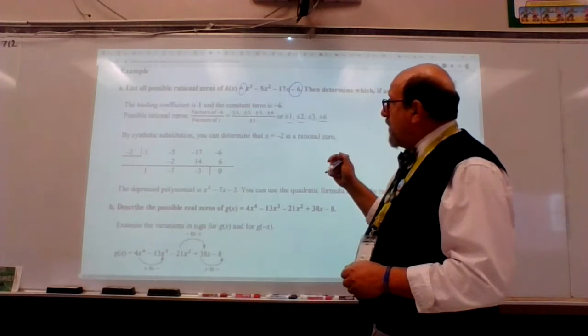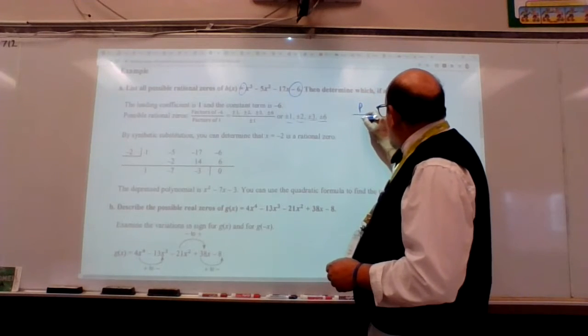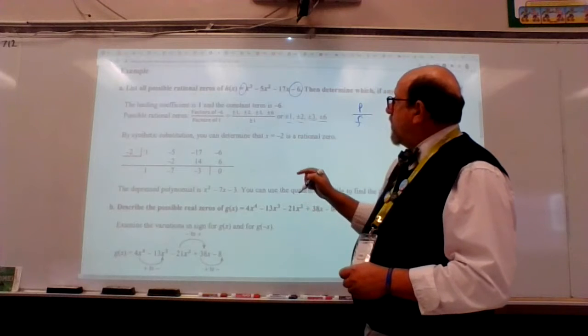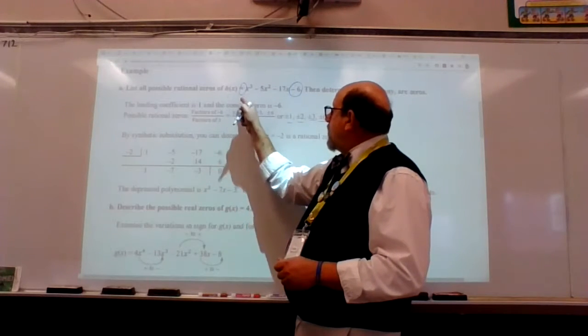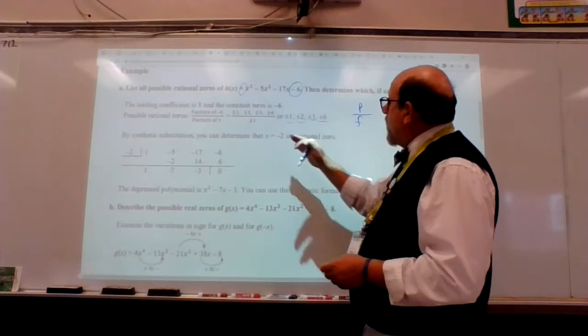That's the possibles, so that's p over f is what we're really going to do. Then we ask, what are the factors of that leading coefficient? And luckily, we have a leading coefficient of 1.